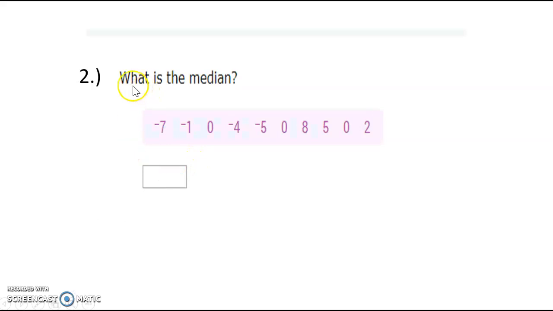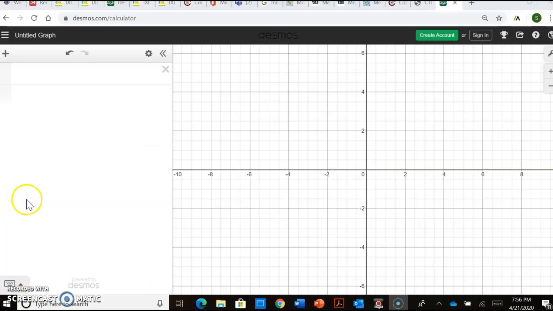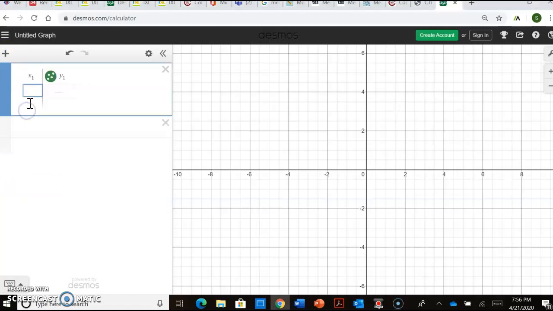The next problem says, what is the median? So we're going to find the median of this data set, and in order to do that, we're going to use Desmos.com. So once I go to Desmos.com, I'm going to go to the left side and click on the plus sign. I'm going to add a table.